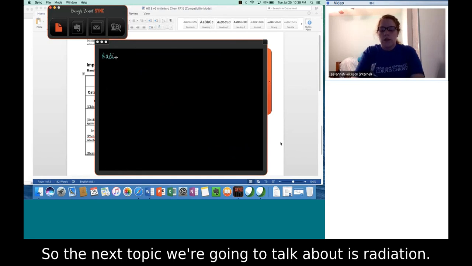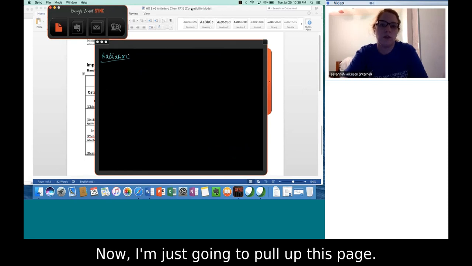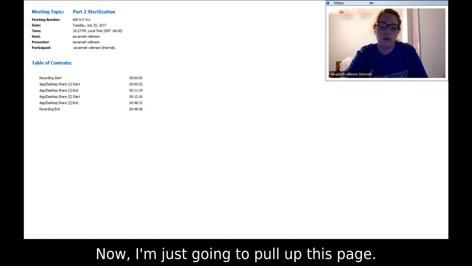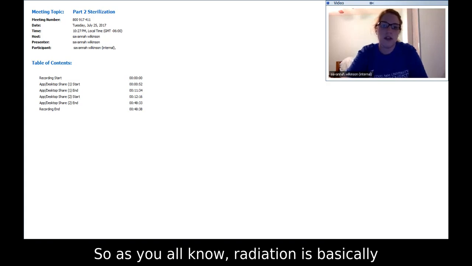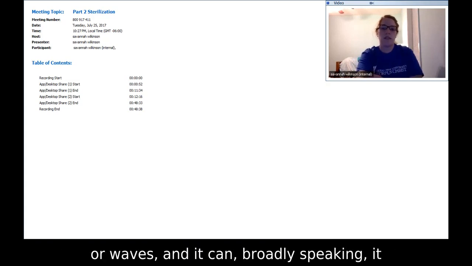So the next topic we're going to talk about is radiation. Now I'm just going to pull up this page. So as you all know, radiation is basically the process where energy is emitted as either particles or waves.